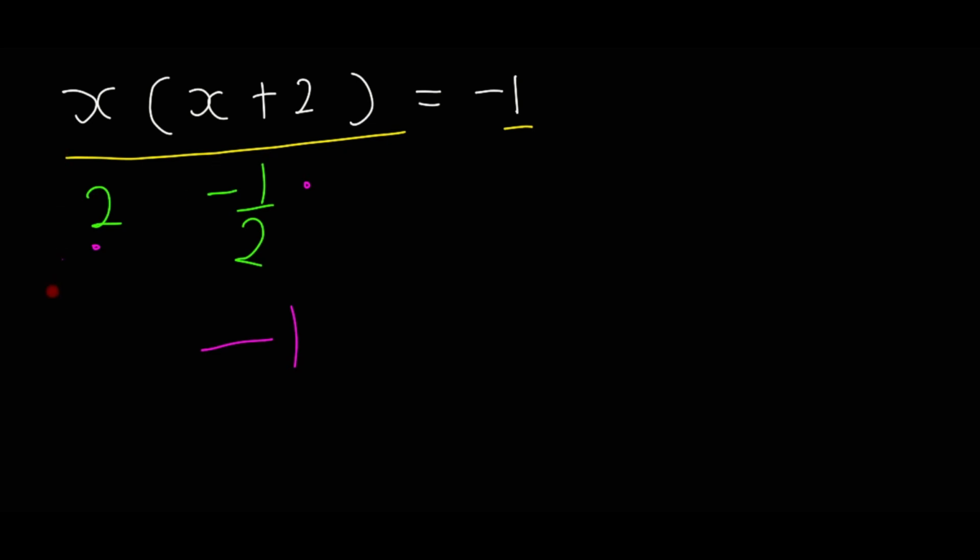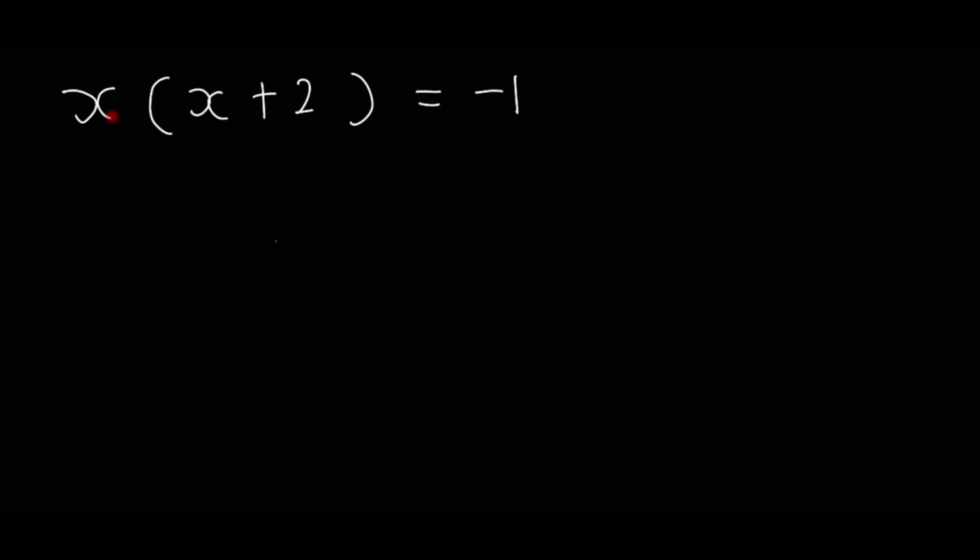What if this one is negative 3 over 4, and this part is 4 over 3? Still we get negative 1. Negative 3 over 4 times 4 over 3 gives negative 1. So when we have this situation, we do not start by saying this side equals negative 1.